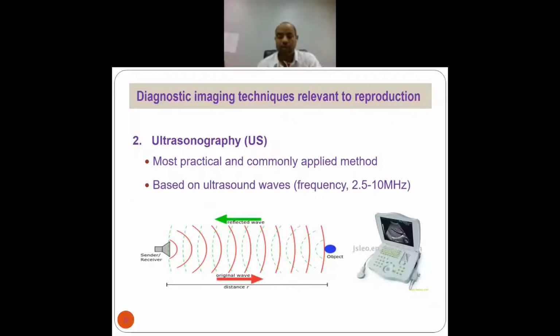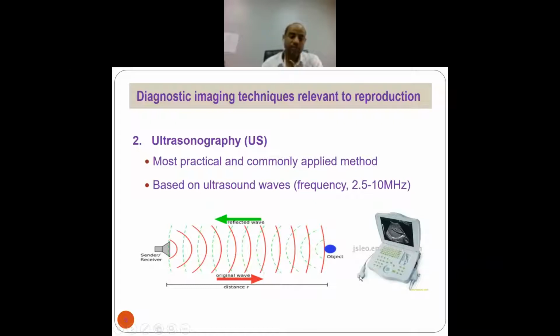It entirely depends on sound waves, by producing sound waves. And for the production of these sound waves, you remember that there are different components of the ultrasound machine. One of the main components is the transducer or the probe.